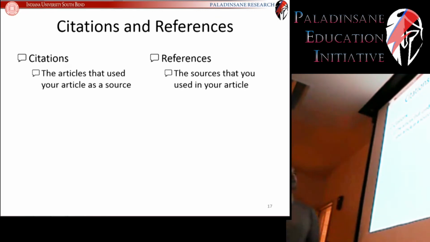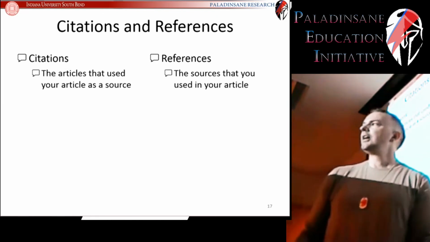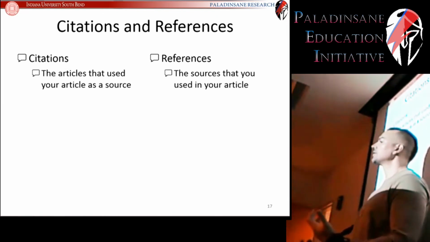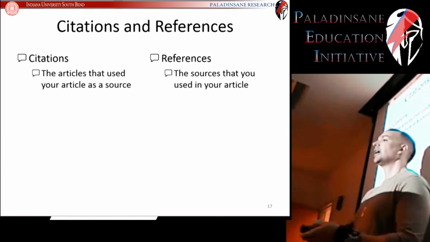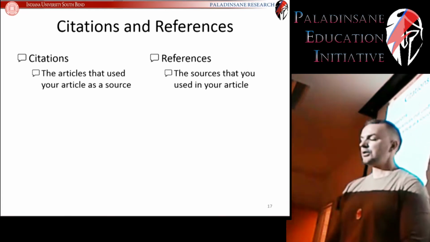Once you know this, you can start using citations and references to very quickly help you evaluate certain articles. It can be used as a shortcut if you're not familiar with an area and you're trying to find new research.